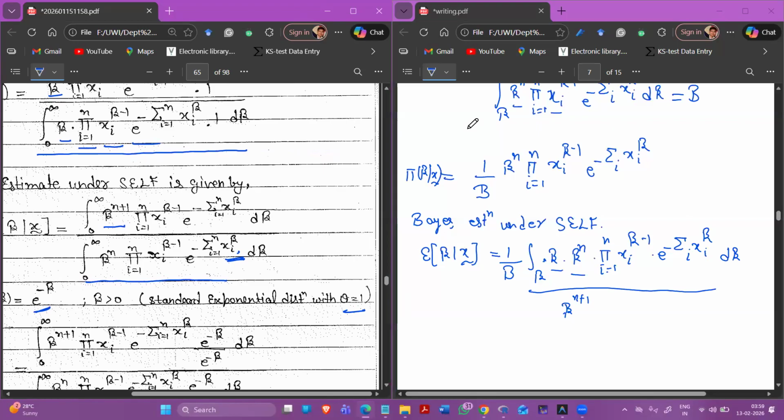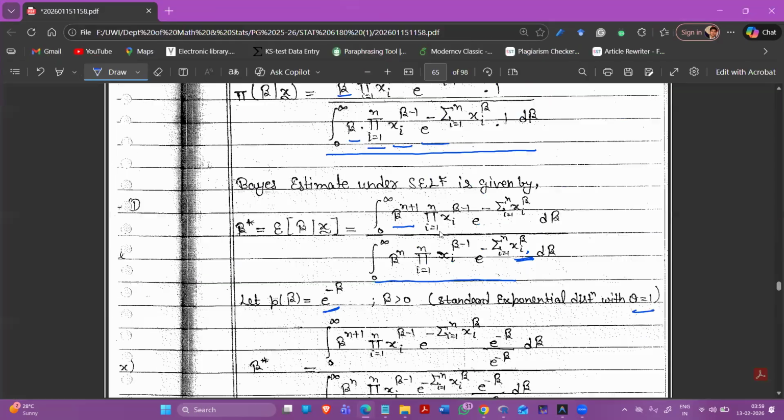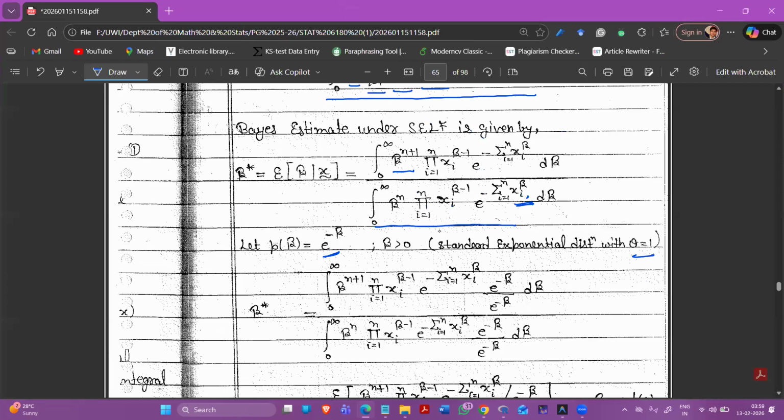So what will your density be then? e raised to the power minus beta. Correct. What is the exponential distribution? Theta into e raised to the power minus theta beta. If I take theta equal to 1, it becomes 1 into e raised to the power minus 1 into beta, so it is equal to e raised to the power minus beta only.